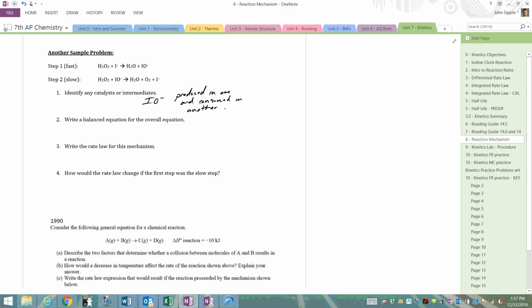It's not an intermediate, but a catalyst. I minus is the catalyst. It goes in as a reactant and comes out as a product, unchanged. It goes in as an I minus and comes out as an I minus. Done.